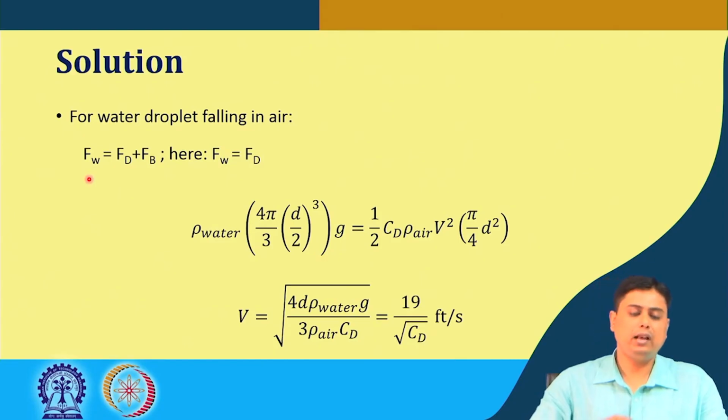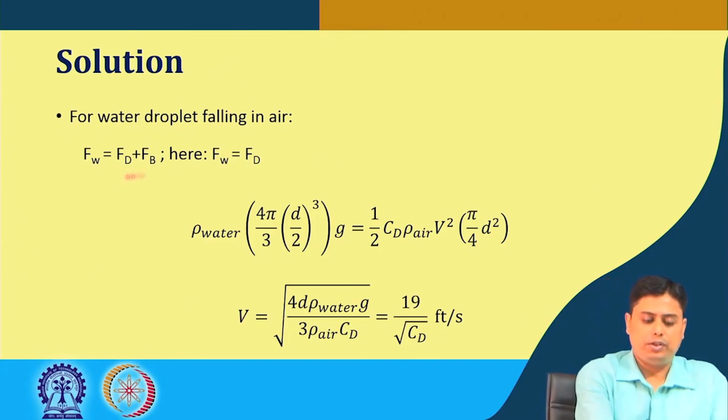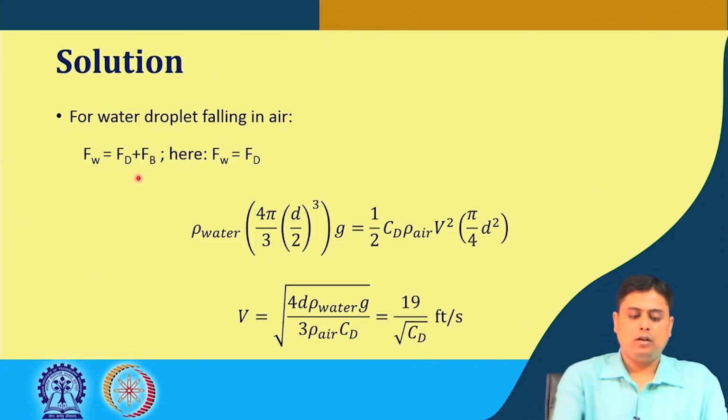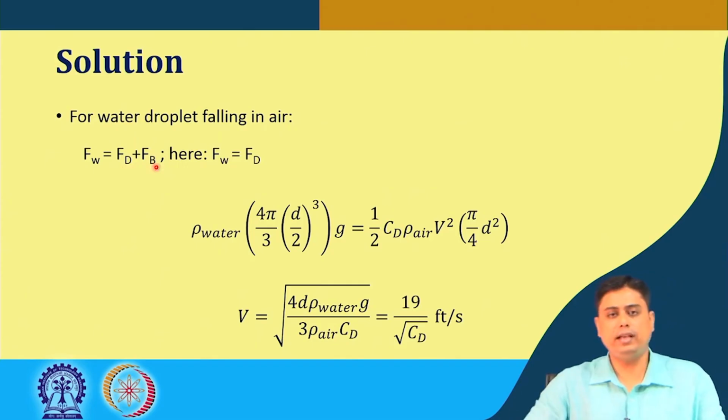If you remember that, you can easily do this force balance and you can appreciate this expression. Here again, this buoyancy force is related with the density of air, which is very low compared to the density of water. So we safely neglect that influence. So in this case, the weight of the water droplet is basically balanced by the drag force acting on it.